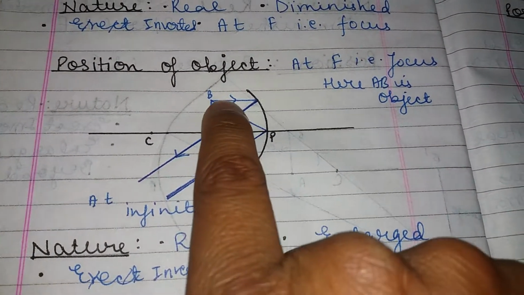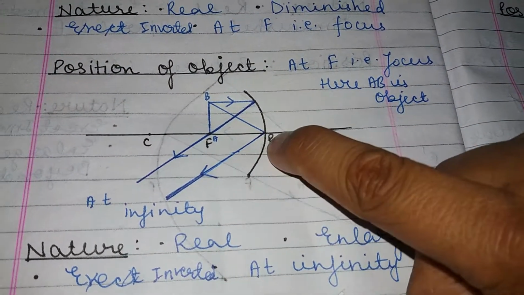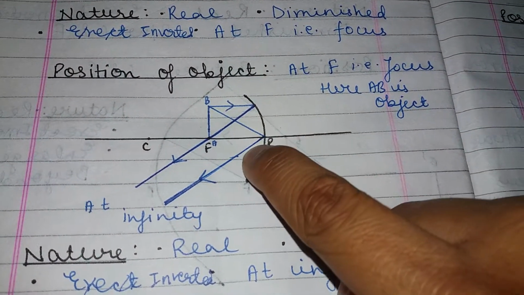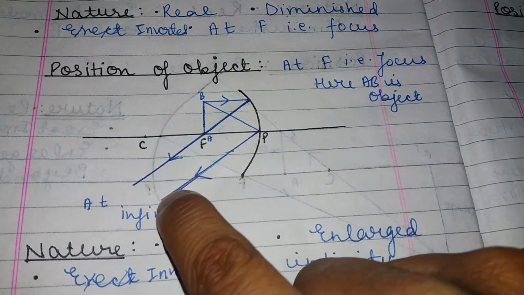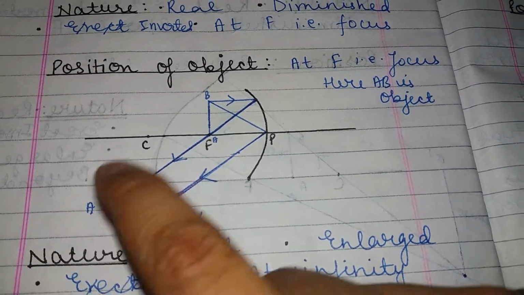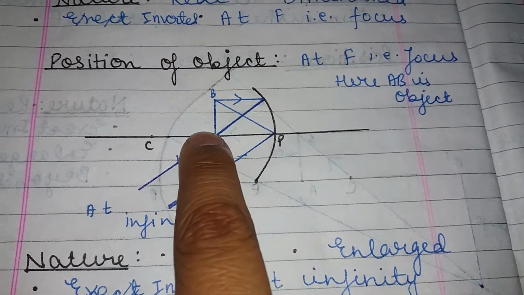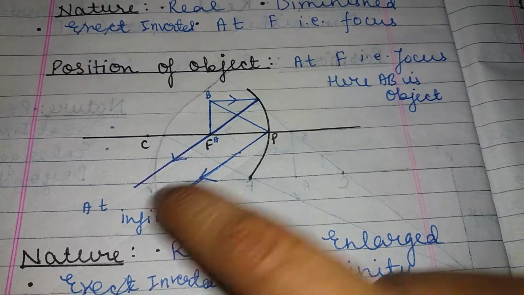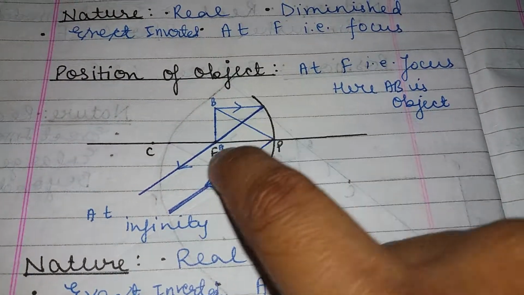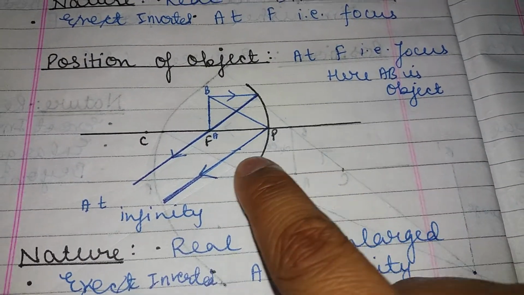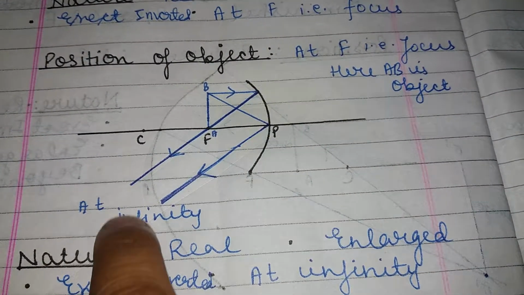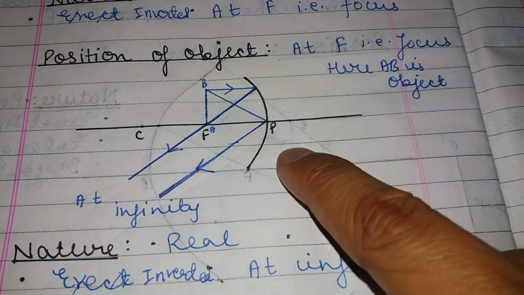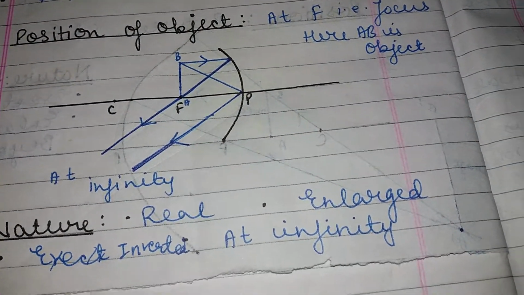Now, when a ray obliquely falls on the pole, then after reflection it will also be obliquely reflected back. As you can see, the two reflected rays are not meeting and are produced infinitely, therefore we can say that the image will be formed at infinity, which cannot be defined.